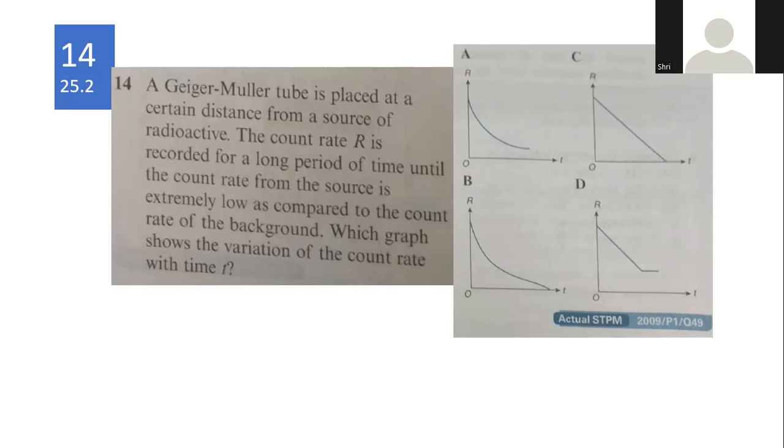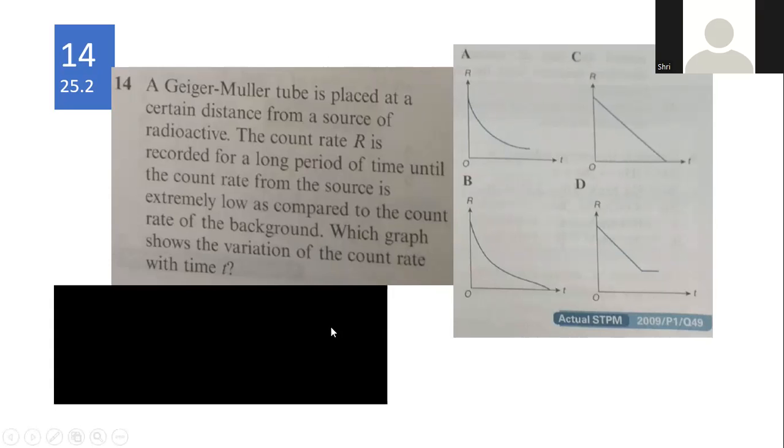Actually, don't cheat. Don't look at the answer. Do it honestly. If you can do it, it means you are doing very well. You cheat yourself only. Right? Should decay. And then after that, should more or less constant, because the background is more or less constant. So A.